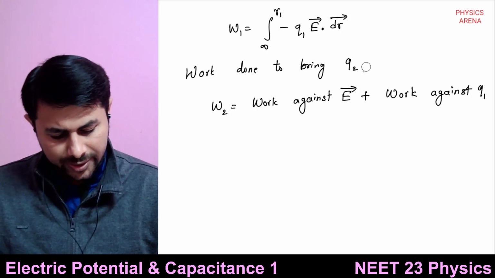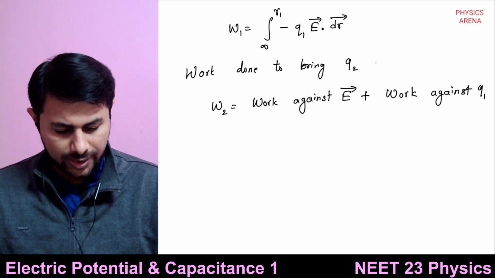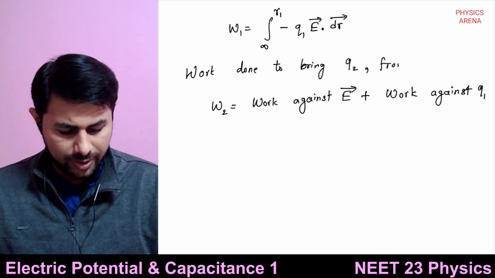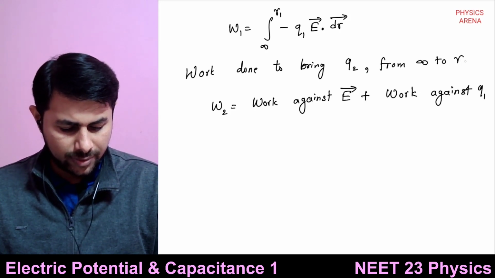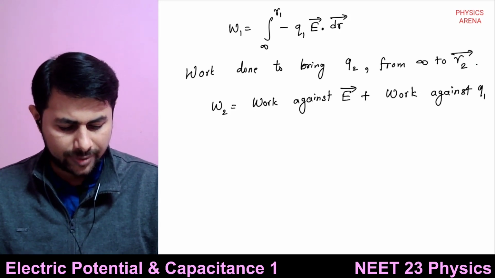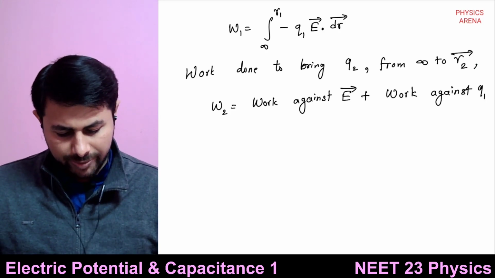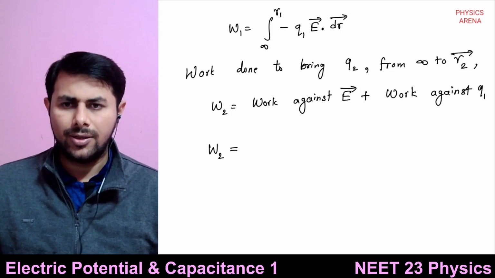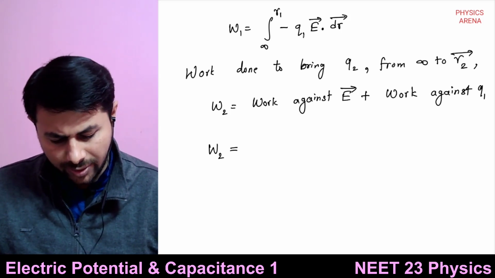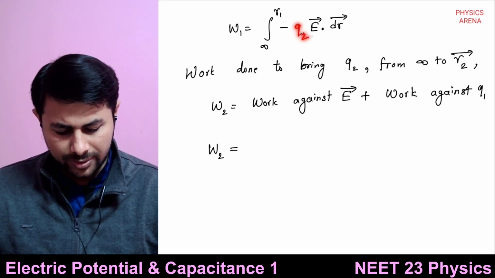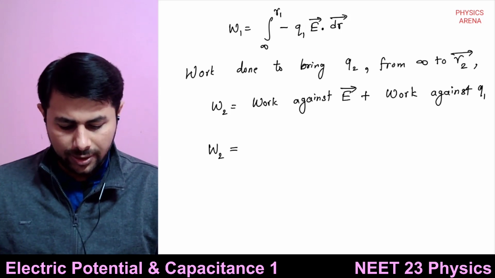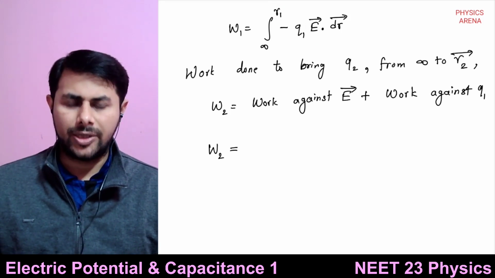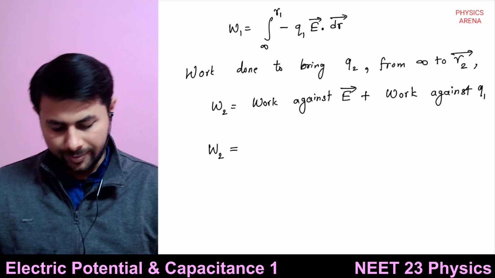So work done to bring Q2 from infinity to R2 bar. Against the electric field, we just have to replace Q1 with Q2 and R1 with R2, because we are keeping it at R2 bar.